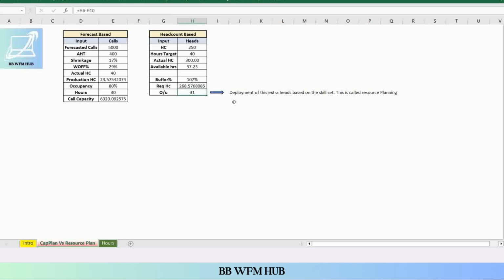It can be tools, seats, and systems. Basically, resource planning is the process of identifying, allocating, and managing the resources effectively based on their skills, availability, and project requirements. So this is the main difference between capacity planning and resource planning.